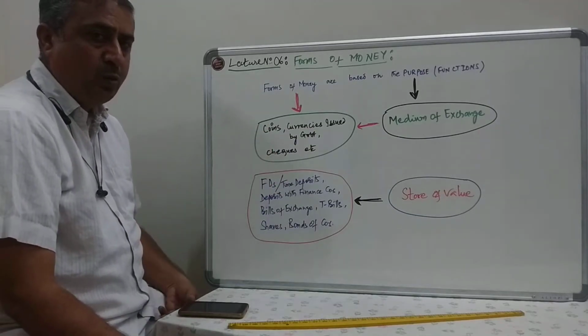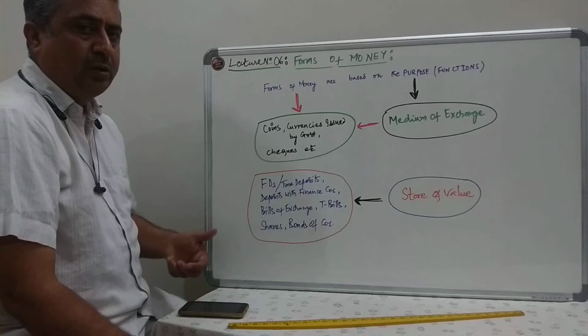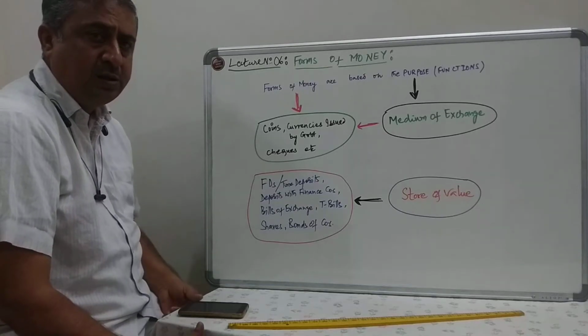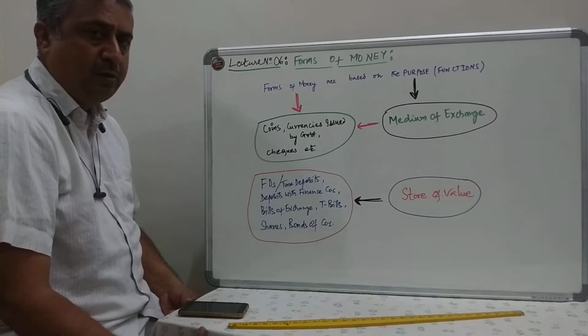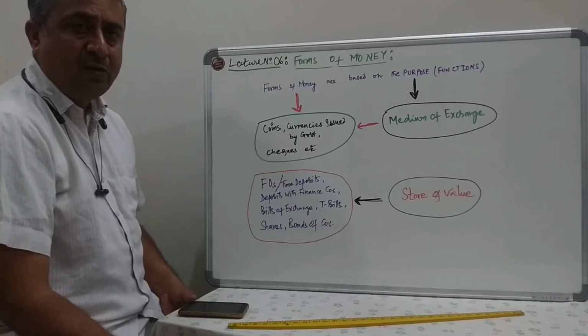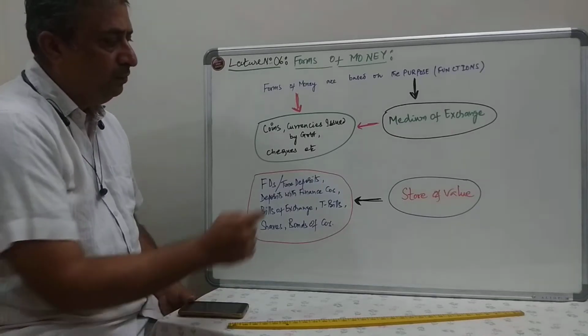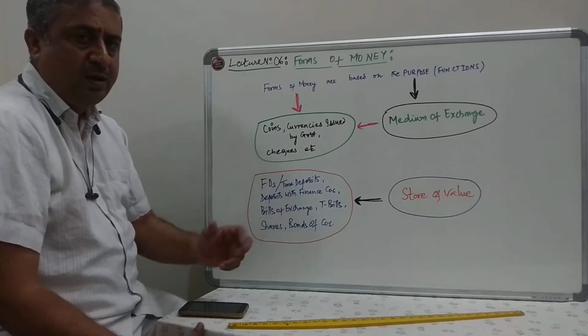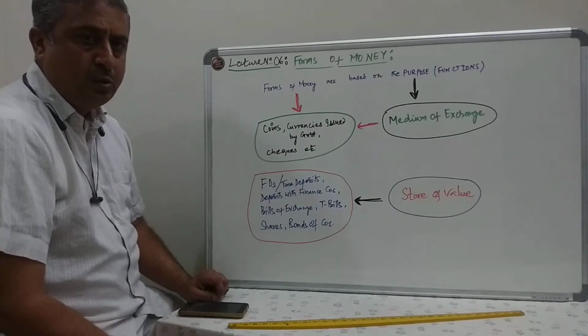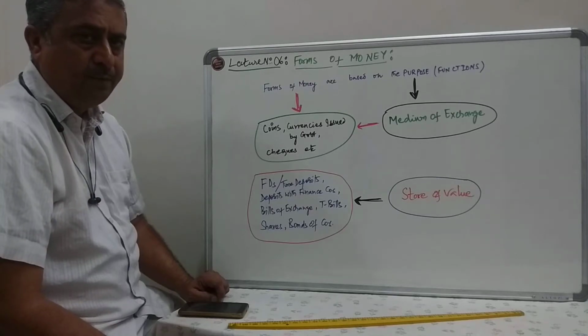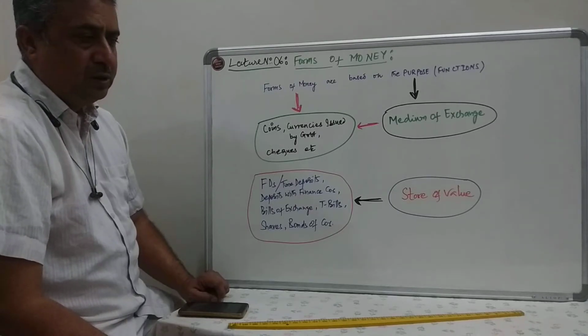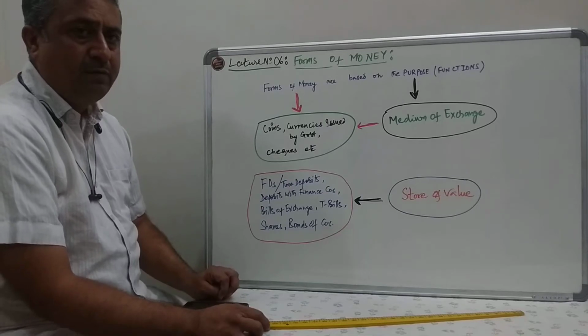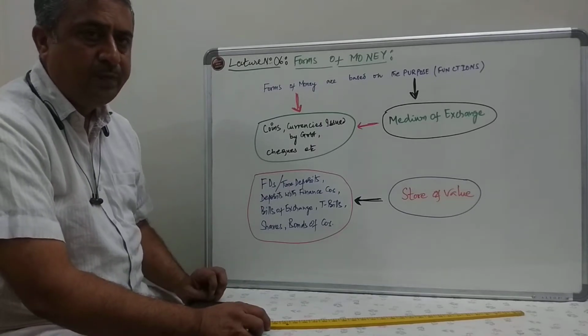Here government means the regulatory authority, which in our country is the central bank, called the Reserve Bank of India. Now why government? If, for example, any private company starts issuing or printing money, it is not going to have inherent value.